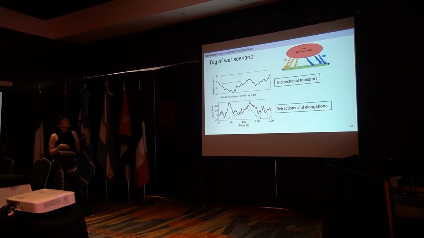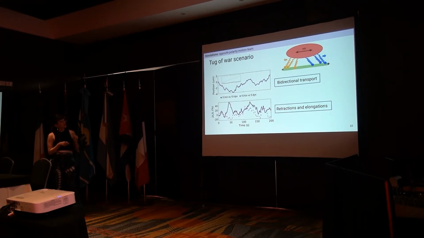And then with the tug of war scenario, where we have different teams with different motors going to opposite sides of the microtubule, what we observe now is like a 10 versus 10 curve.